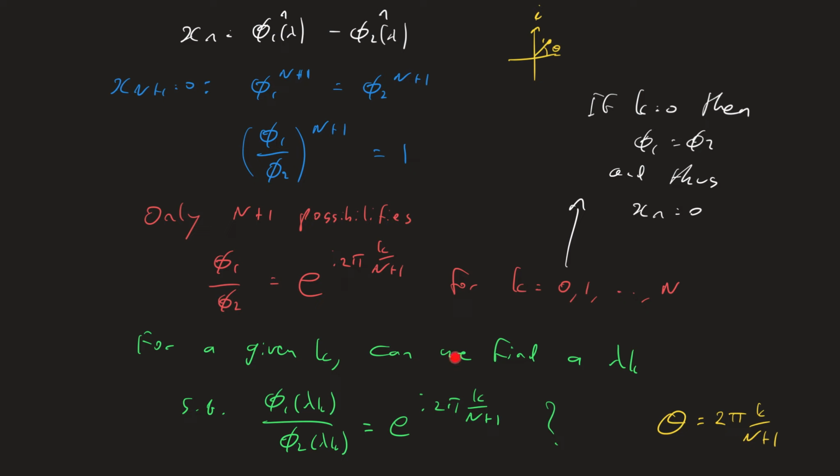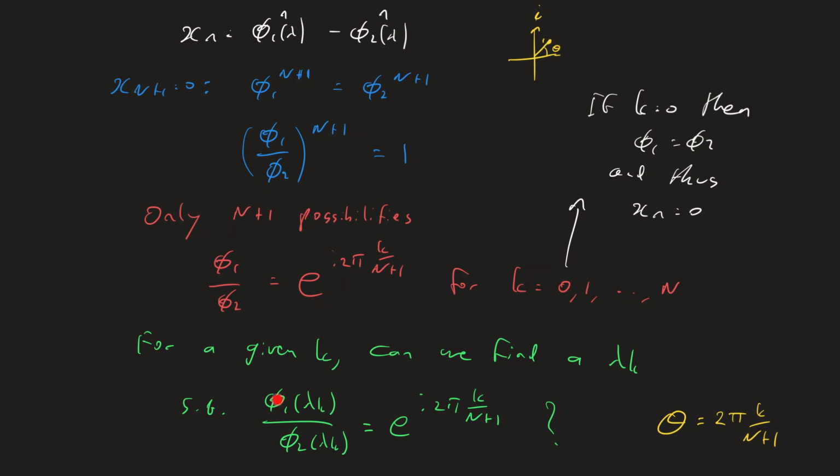And since we're doing this for different values of k, we put a subscript k on our lambda so we don't get confused. Can we find a lambda_k such that this ratio here is equal to this particular N plus 1th root of unity? If we can find a lambda such that this is true, then we have found an eigenvalue-eigenvector pair.